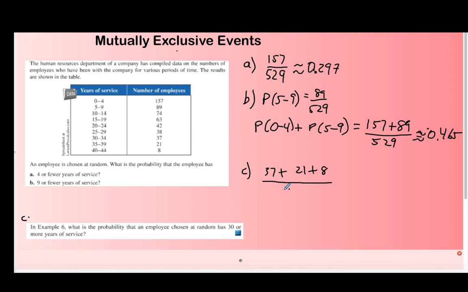So this is going to be a total of 72 out of 529. And that's about a 0.297 chance of that occurring.